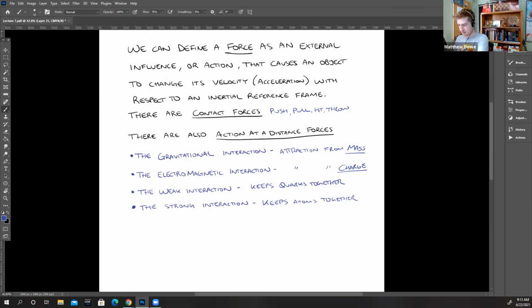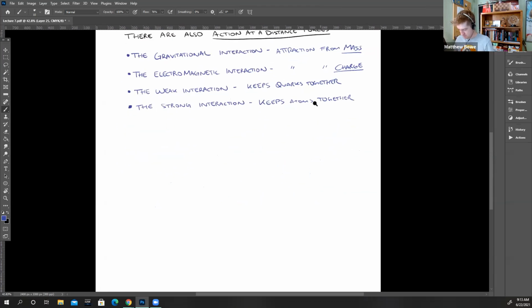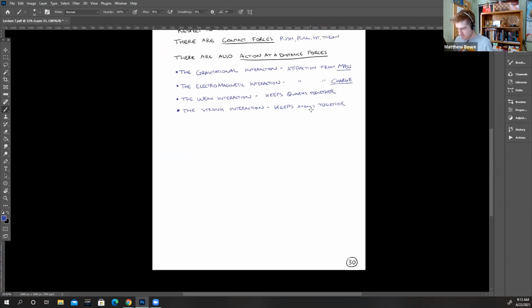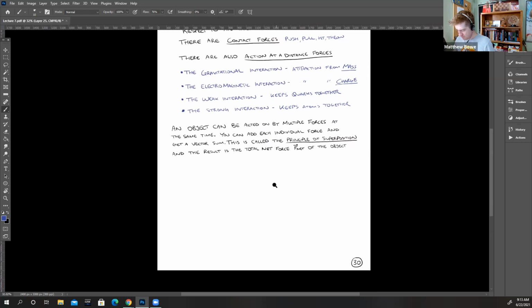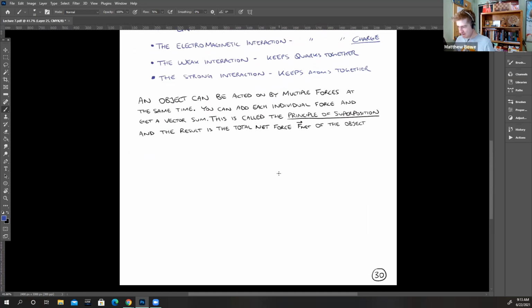I think I can get through this. Let me zoom out. We'll go through. Forces are going to be seen as just like vectors. You can have a force pointing in one direction, you have a force pointing in another direction, and you can just sum them together just like vectors we've already done before.